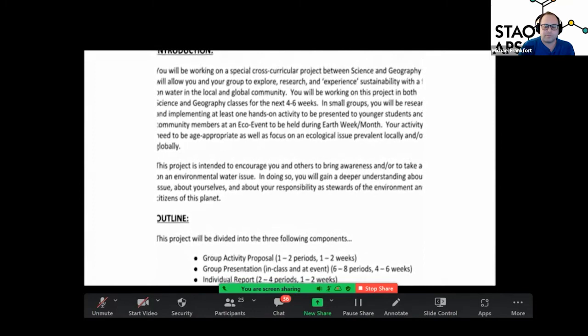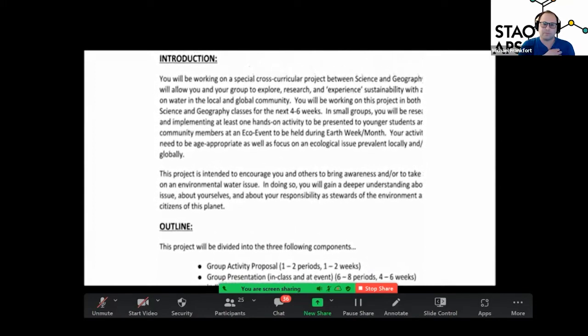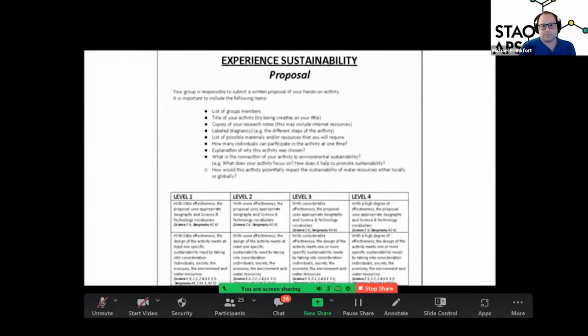However, teachers can use their own discretion based on the needs of their class. The proposal is a group assignment that must be completed before the creation of a hands-on activity and poster board. Think of this as a blueprint of what the overall project will look like, and it should contain general information about the activity, the environmental issue, and its impact on the sustainability of water resources, either locally or globally.